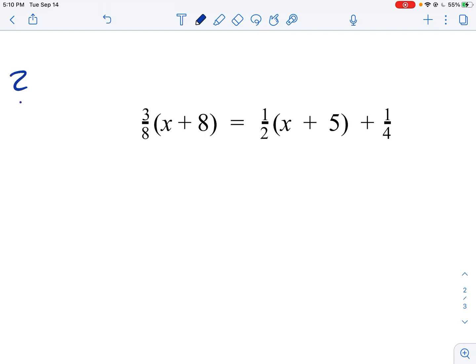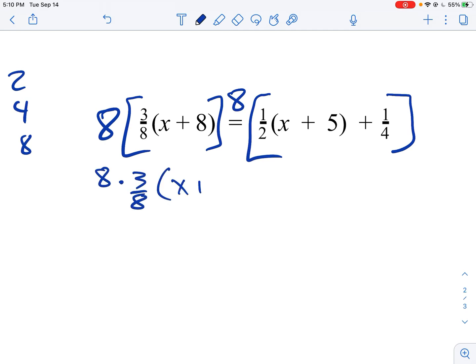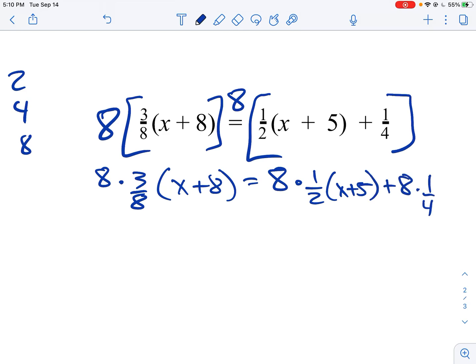I have 2, 4, and 8. Do you see that 2 goes into 8, 4 goes into 8, and 8 goes into 8? Hopefully you do. So I'm going to multiply this side by 8, and multiply this side by 8. 8 times 3/8, x plus 8, equals 8 times 1/2, x plus 5, plus 8 times 1/4.